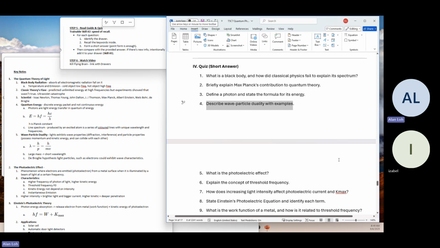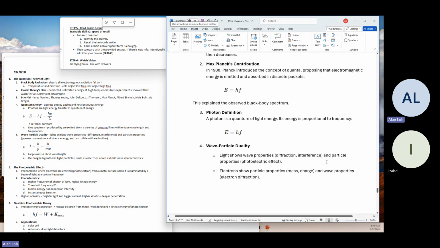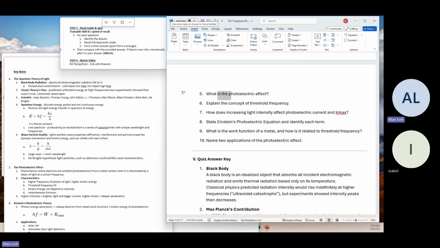Okay, let's compare the answers. Number 5, drawer number 2. Compare the answers.